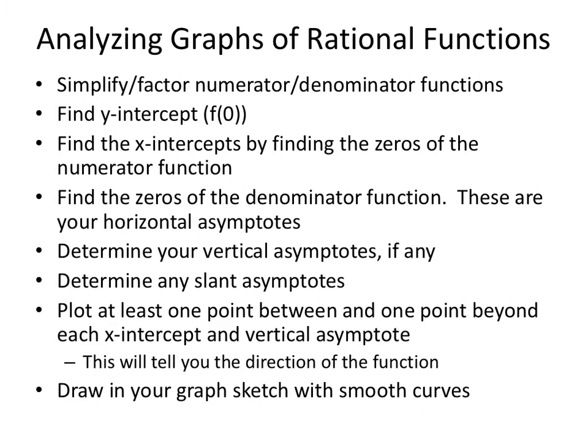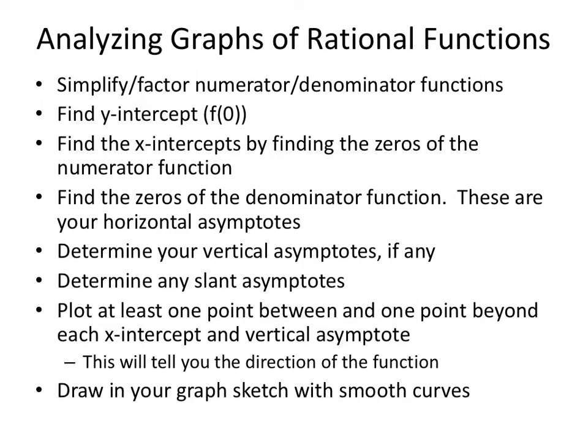When we're analyzing graphs of rational functions, it's important to simplify and factor the numerator and denominator functions if you haven't already. Find your y-intercepts, which is f of 0. Find your x-intercepts by finding the zeros of the numerator function, so that when we factor that numerator function, whatever those zeros are, those are our x-intercepts.